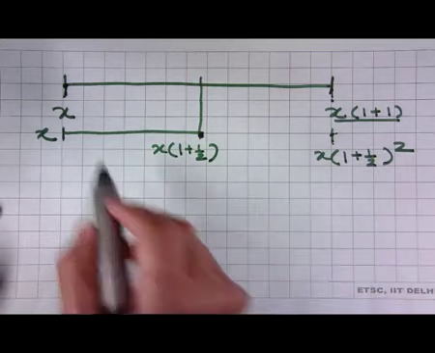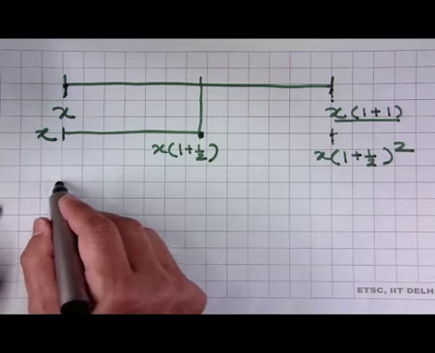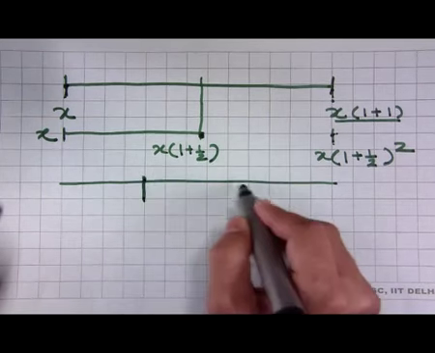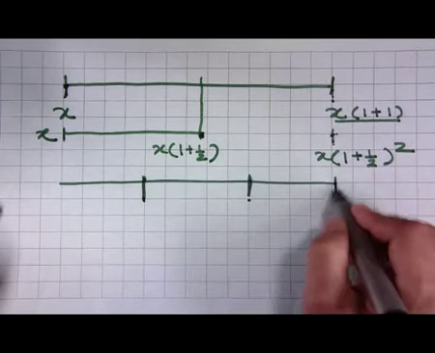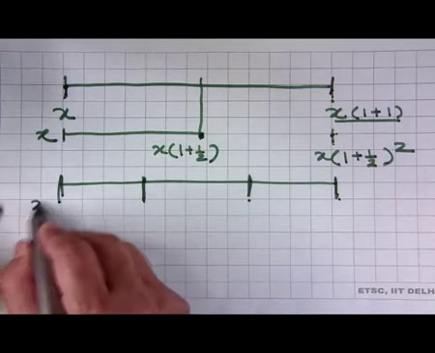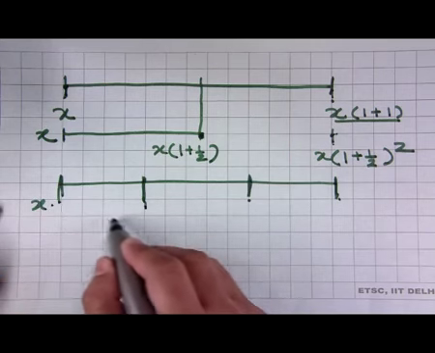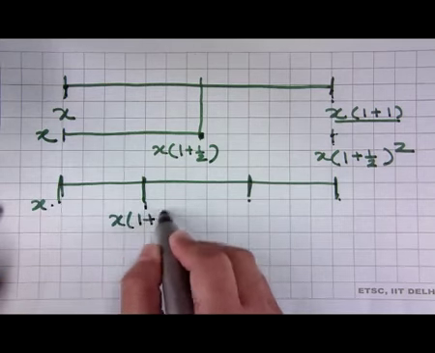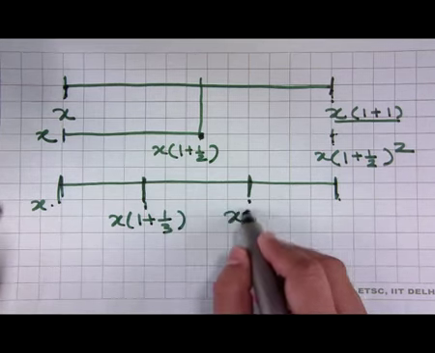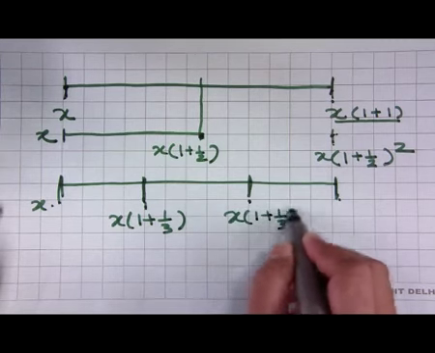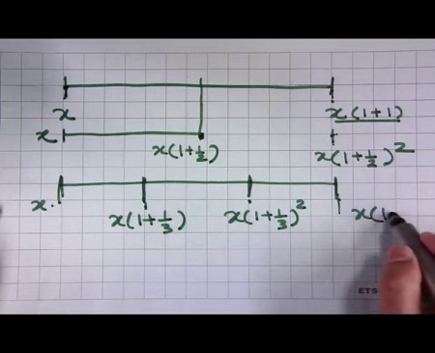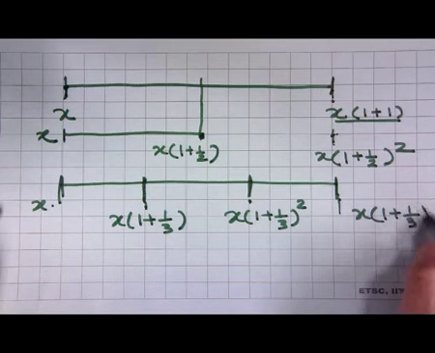Now, let us increase the number of partitions further. Suppose we decide to give 1/3 interest at this point, 1/3 interest here and 1/3 here. Therefore, by the same logic, x amount of money at this point is going to be x into 1 plus 1 upon 3, which at this point is going to be x into 1 plus 1 upon 3 whole square, which at this point is going to be x into 1 plus 1 upon 3 whole cube.